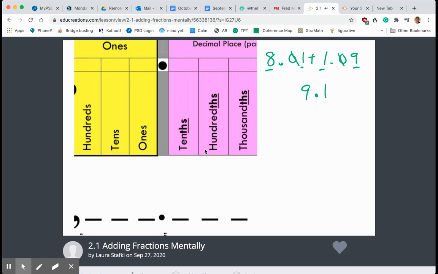Okay, I'm going to rewrite that, stack it, and try it out, not mentally, and see if I got it right or if I made a mistake. Okay, 1 plus 9 equals 10. Bring the 1 over, add my decimal, and yep, I got the same answer.